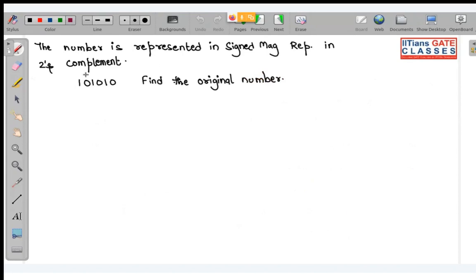So very quickly tell me what the number will be in decimal. See here, the number is represented in sign magnitude representation. This is not normal 2's complement. So that means the first bit is your sign bit. You can see the sign bit is 1, that means this is a negative number.